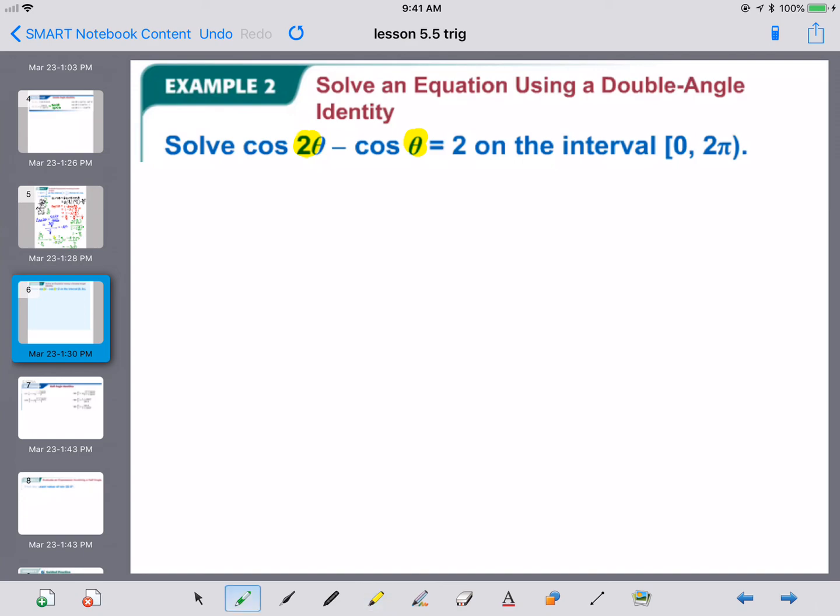So I don't like the fact I've got a cosine of 2 theta there. Cosine of 2 theta has 3 possibilities, okay?